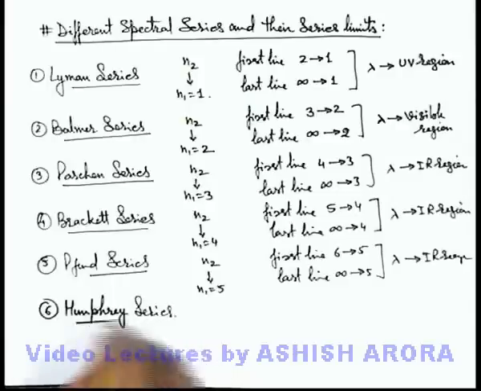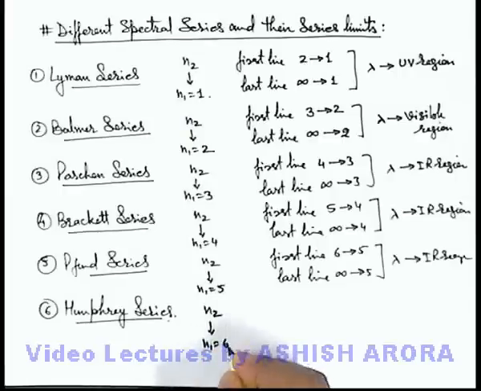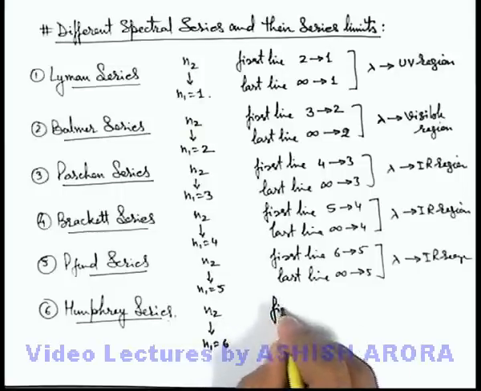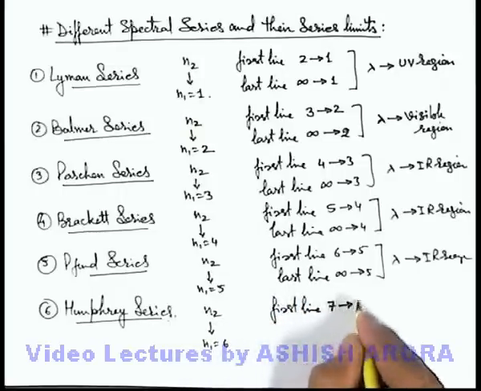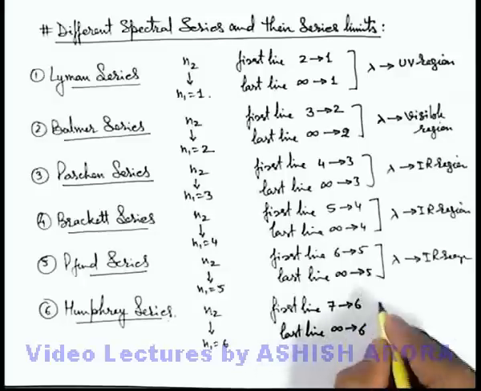And last, for the Humphreys series, the transition is from n2 to n1 equals 6. This is rarely obtained in general, but practically in laboratory experiments it can be obtained, where the first line corresponds to transition 7 to 6 and the last line corresponds to transition from infinity to 6.